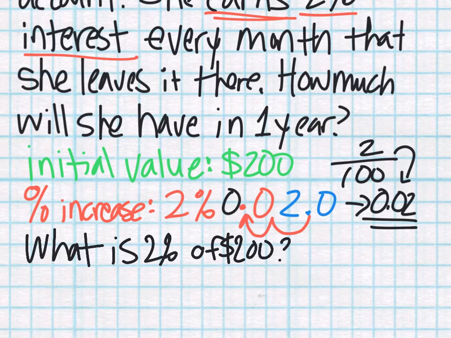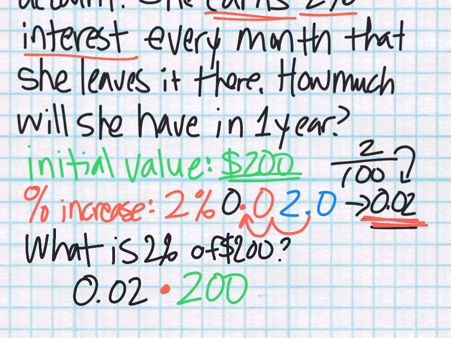The easy way to do that is, once you have your decimal form 0.02, multiply it by the initial value, 0.02 times 200. So 2% of 200 is equal to $4. If I do 0.02 times 200 in my calculator, I end up with 4. So 4 is our rate of change.